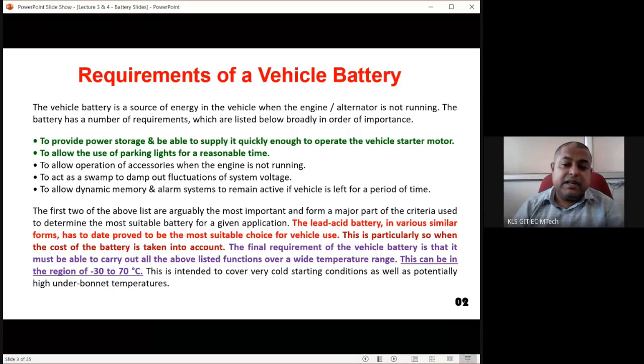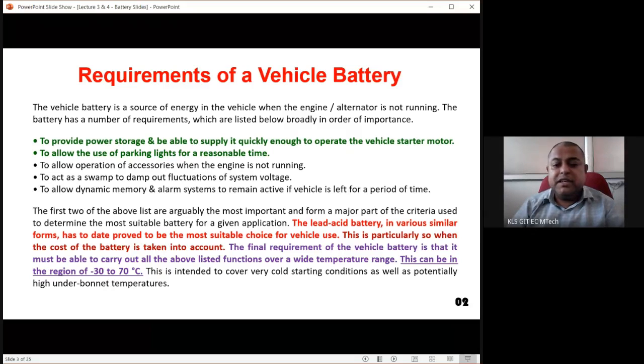So if the car has to start with an ambient temperature of minus 20 degrees, it will require more energy compared to when the ambient temperature is plus 30 degrees centigrade. So cold start is a very important condition: whenever the ambient temperature is very less, the car should still start, and then there will be a bigger jerk given on the battery.